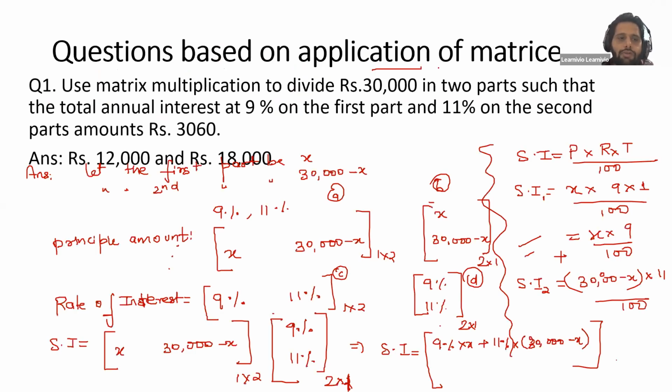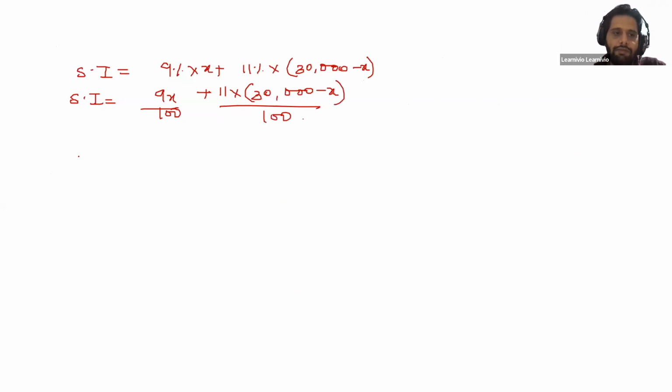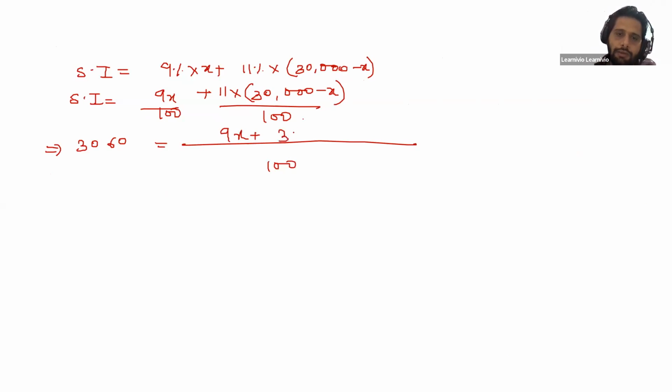Now the total annual interest is given, that's why we have taken time as 1 year. Annual interest will be equal to 3060. So this is given. Here we can write 3060 is equal to, now we will do the calculation, take LCM 100. Here we will get 9x plus, opening the bracket, 330,000 minus 11x.